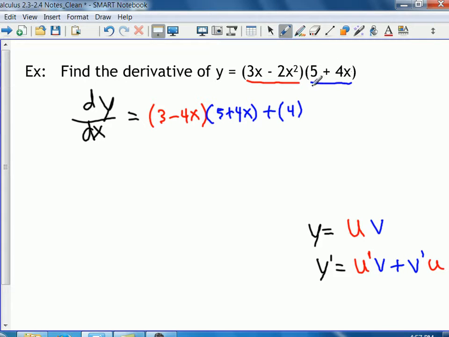This is 0 and this is 4, times the first left alone, which is 3x minus 2x squared. The point is not to get this simplified. This is fine. The back of the book will simplify this, but that's not our goal. We did the derivative of the first times the second plus derivative of the second times the first. Parentheses are going to be really big here. You're going to want to use those.